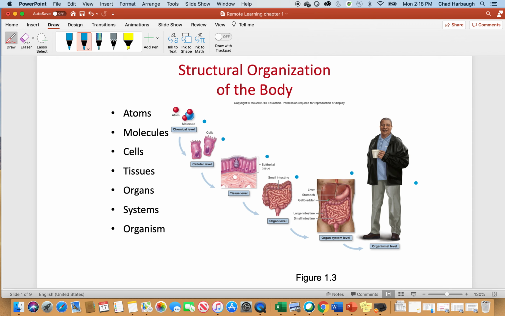And finally, when we group all these organ systems together, we see the organismal level, which is the highest level of structural organization in the body. All body systems function interdependently in living humans or organisms.